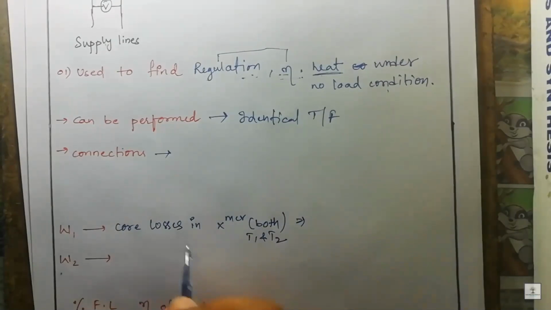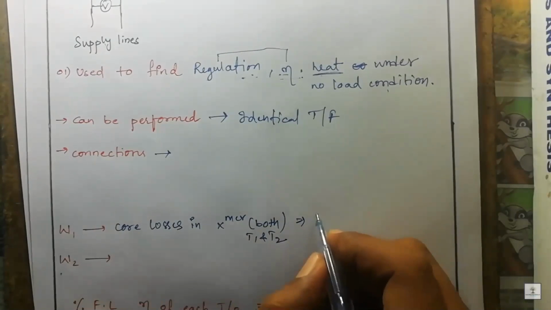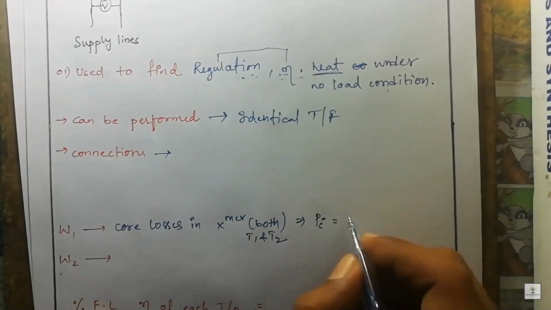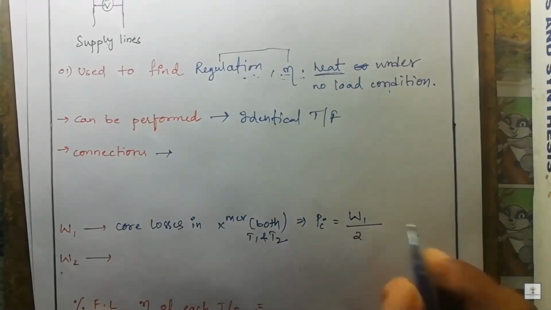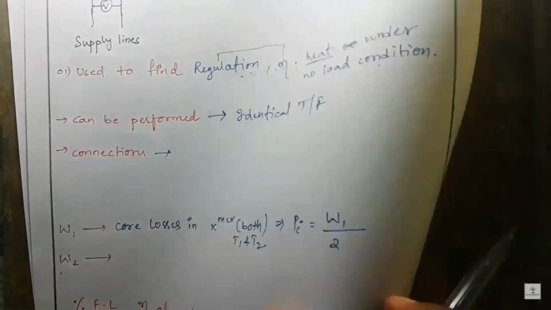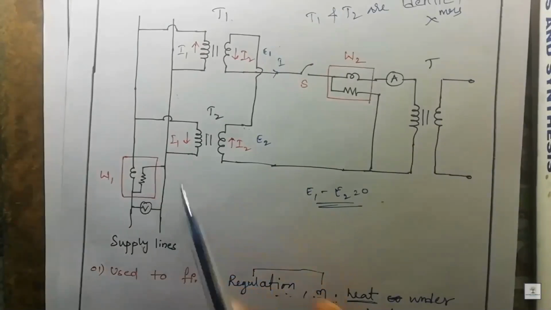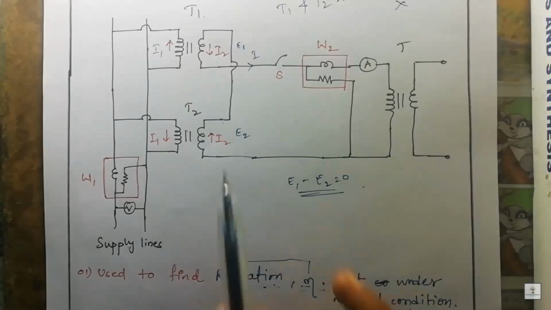If we want the core loss of one transformer, that is Pi equals W1 by 2, where W1 is whatever this wattmeter is reading. So this is one case.